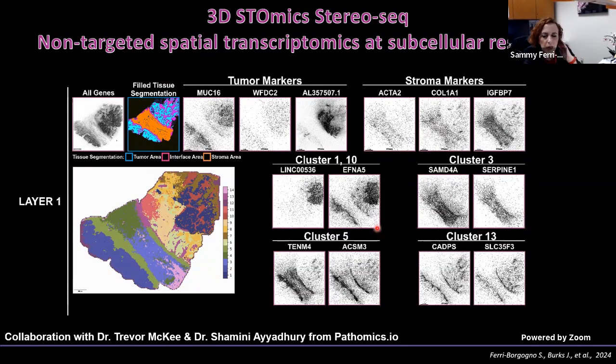I would like to point out a few other examples that were surprising to us. In a few of the clusters of the latent cluster analysis, we were actually able to identify new biomarkers. So in cluster 3, for example, we found 2 new markers that are specific for the stroma area, but they're not expressed elsewhere. And the most intriguing thing about this analysis was what we found in cluster 5 and 13. As you can see, these markers are only expressed in the tumor-stroma interface, and they were never identified before in ovarian cancer.